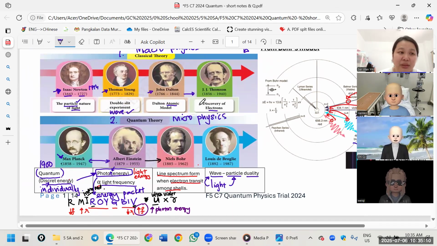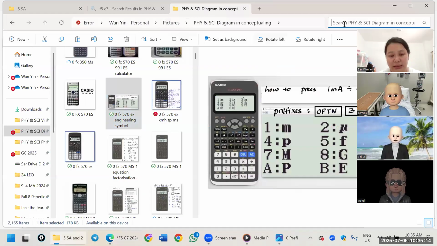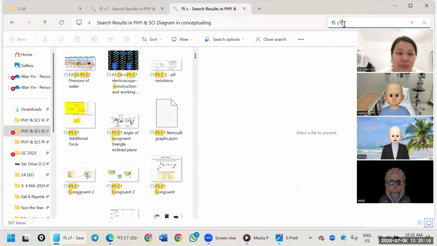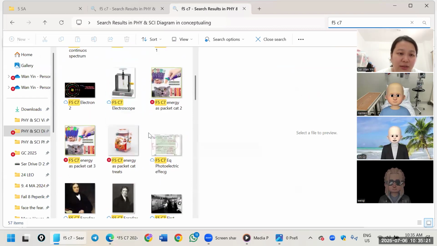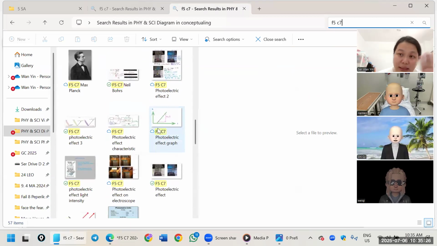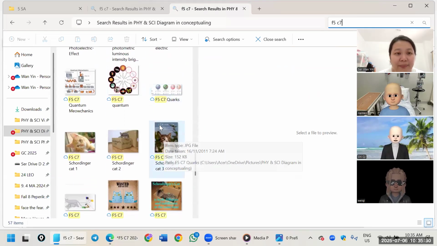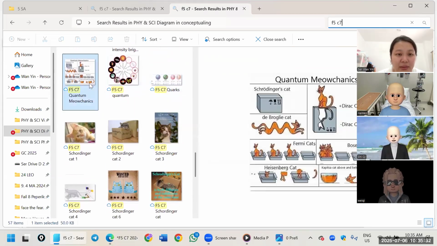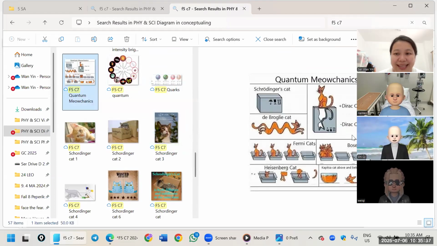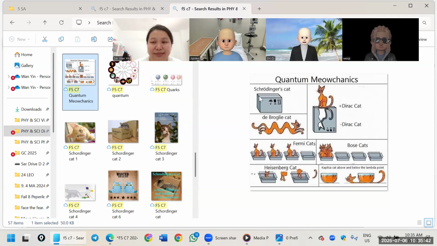Okay, then this one you all don't need for the exam. Then comes a person, a scientist not in the textbook, no need to remember, but I feel it's quite funny, because it's about a cat.